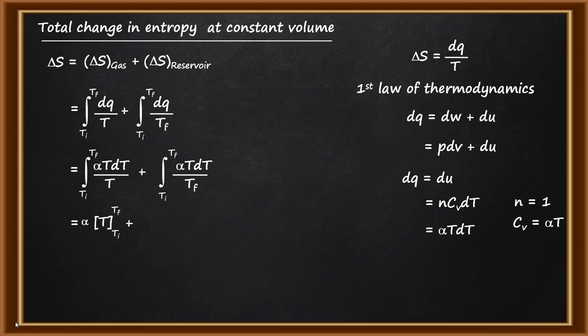So this will be alpha by 2Tf times T square from Ti to Tf. So upon putting the limits, ultimately the final term will be equal to alpha (Tf minus Ti) plus alpha by 2Tf (Tf square minus Ti square). So this is the total change in entropy.